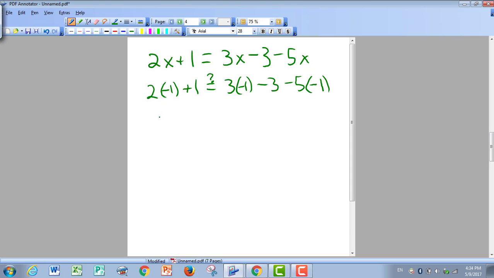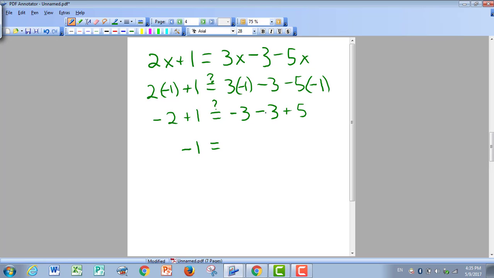2 times minus 1 is negative 2 plus 1. Does this equal 3 times minus 1 is negative 3, minus 3, and then minus 5 times negative 1 is positive 5. So now we're just going to add them up. Minus 2 plus 1 is negative 1.